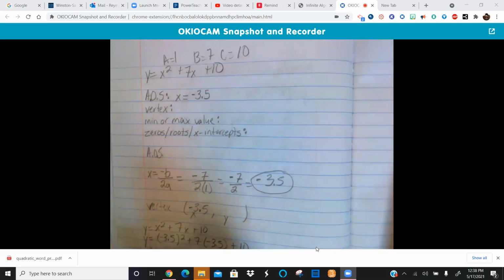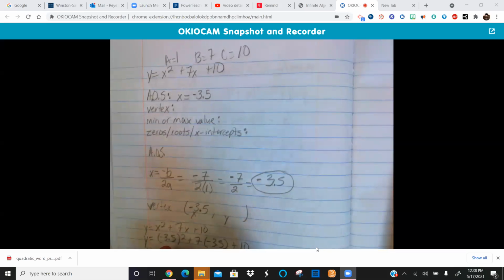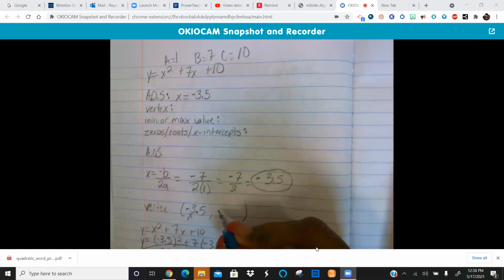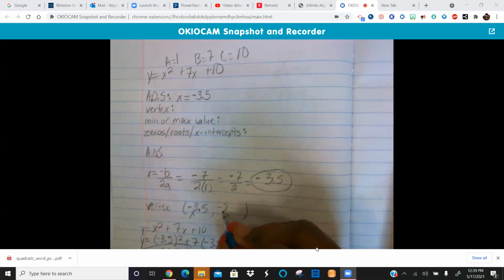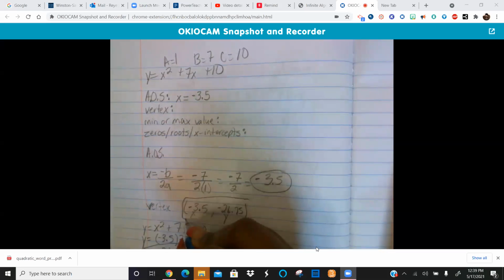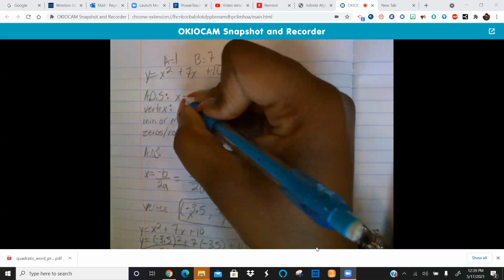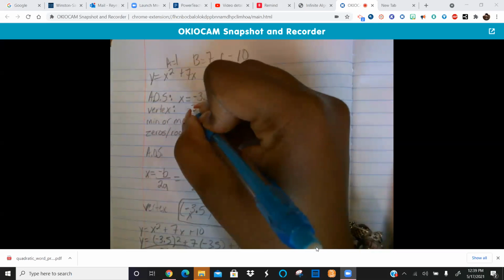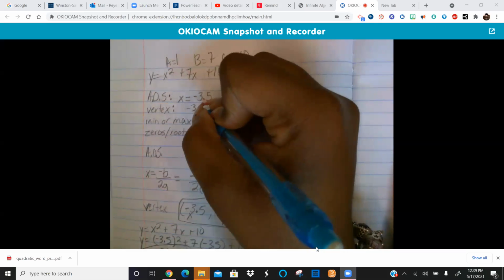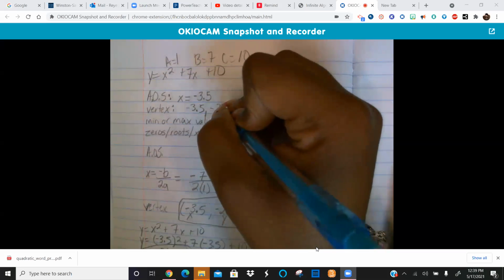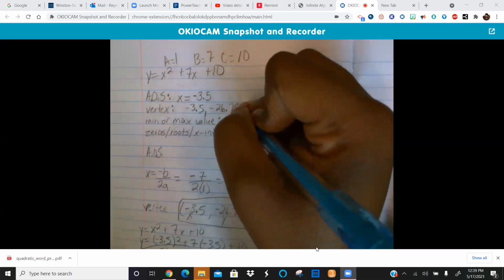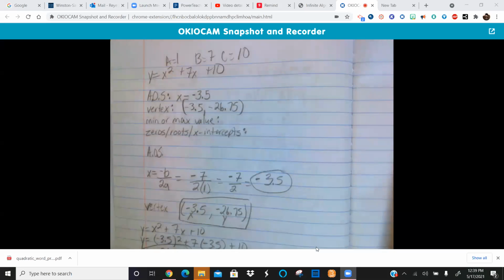So y is negative 26.75. So this is going to be our vertex here. We put negative 3.5 comma negative 26.75. This is our vertex.